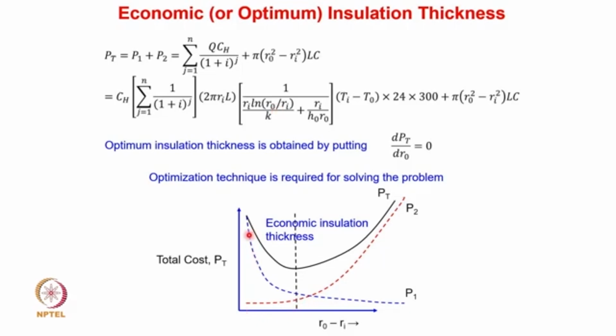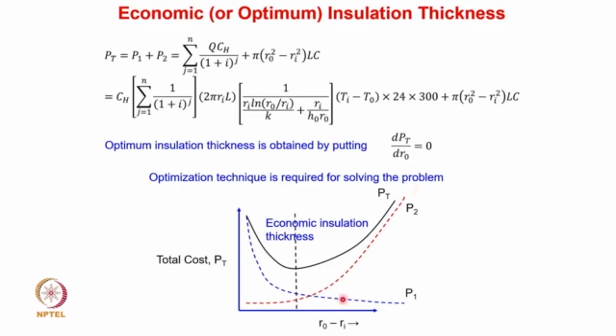minimizing the cost. If you look at P1, you can see that as the insulation thickness increases, P1 decreases, because the heat loss to the ambient decreases. So P1 is going to decrease as Ro minus Ri increases. But as Ro minus Ri increases, the insulation cost increases.